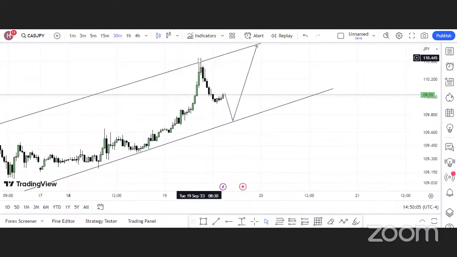It will be all the way at the top of this previous rejected candle. That is too far. We are risking too much just to make this small amount of movement.